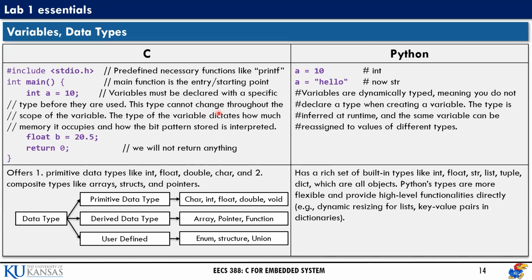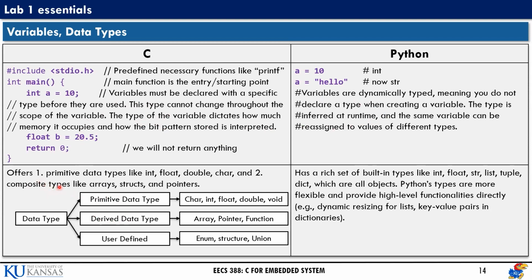To change the type of a variable, we have to use different functions that can convert the types. In C, we have a total of 3 data types, but the last 2 can be defined as composite types.